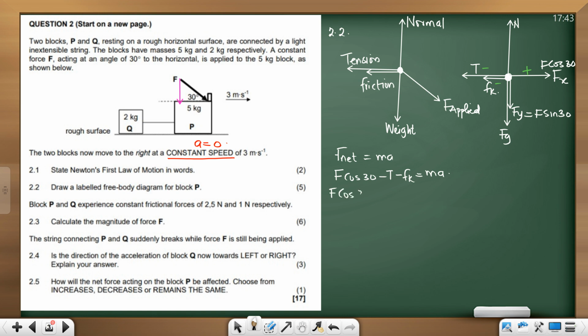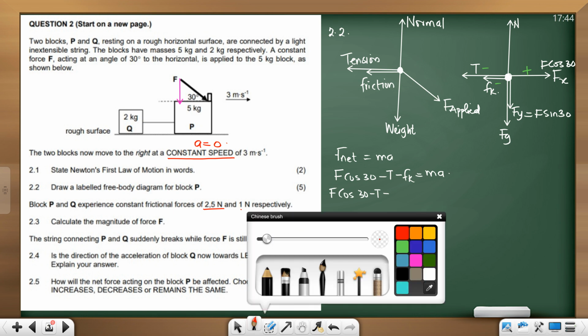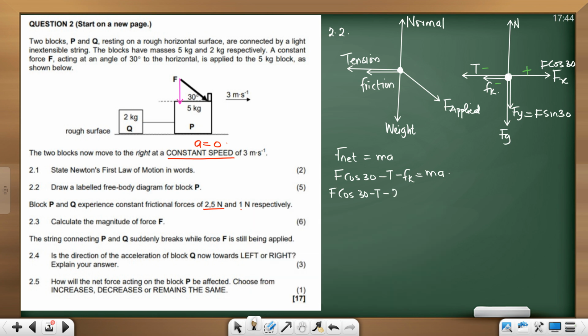F, we don't know F. We do not know tension. But do we know friction? I think we do. Yes, box P and Q experience what? Constant frictional force of 2,5. And for P, which is my 5 kg, friction is 2,5.